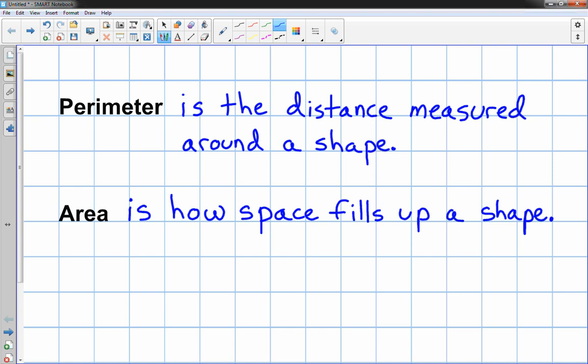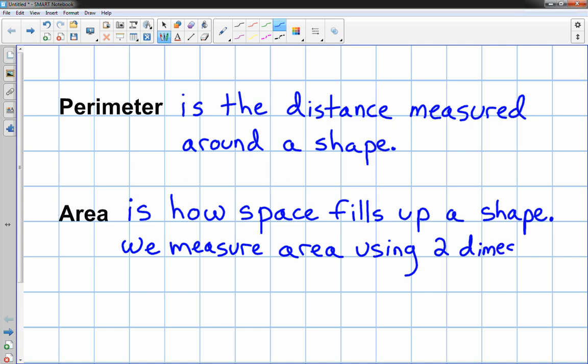And we measure area using two dimensions.